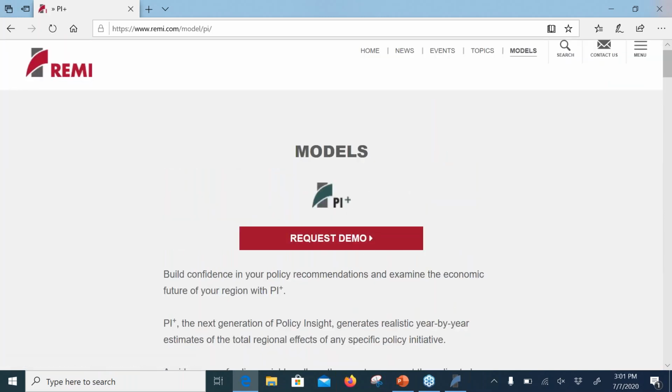Okay, so here you can request a free demo for, say, the PI Plus model, and you could use that for academic education.